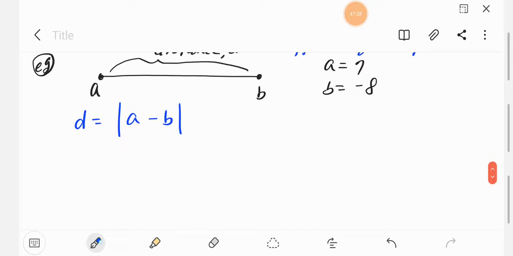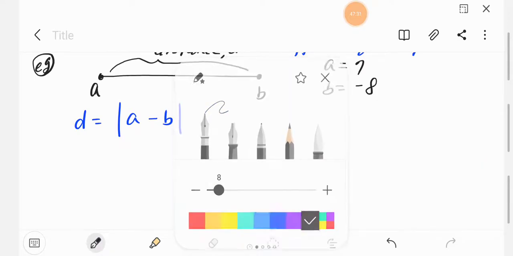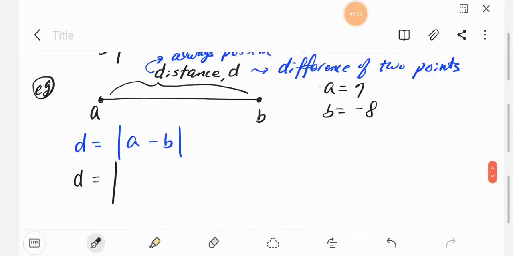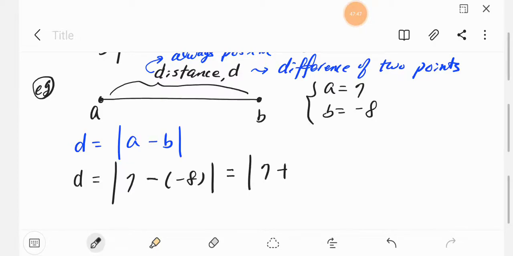All right, so you can write it like this. The distance D equals the absolute value of A, which is given as 7, minus B, which is negative 8. So you can put parentheses around it. Then the absolute value of 7, this minus sign becomes plus, and negative 8 becomes positive 8.